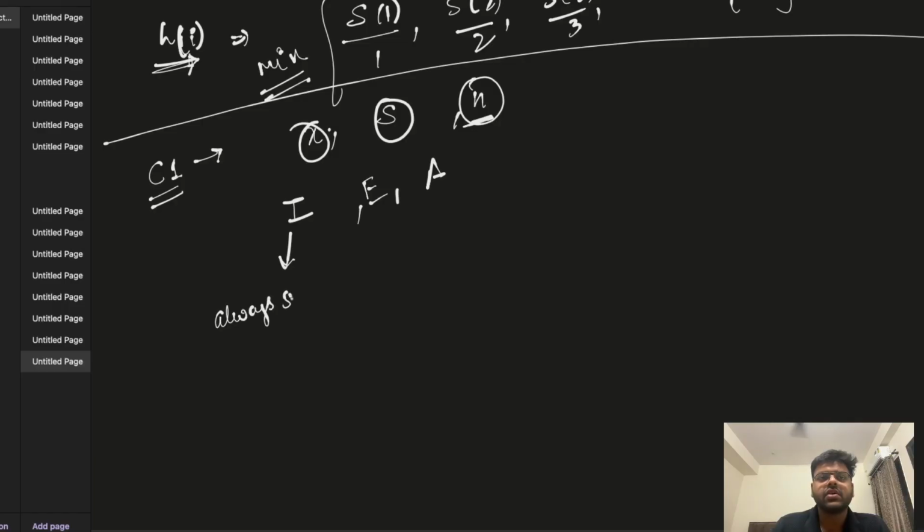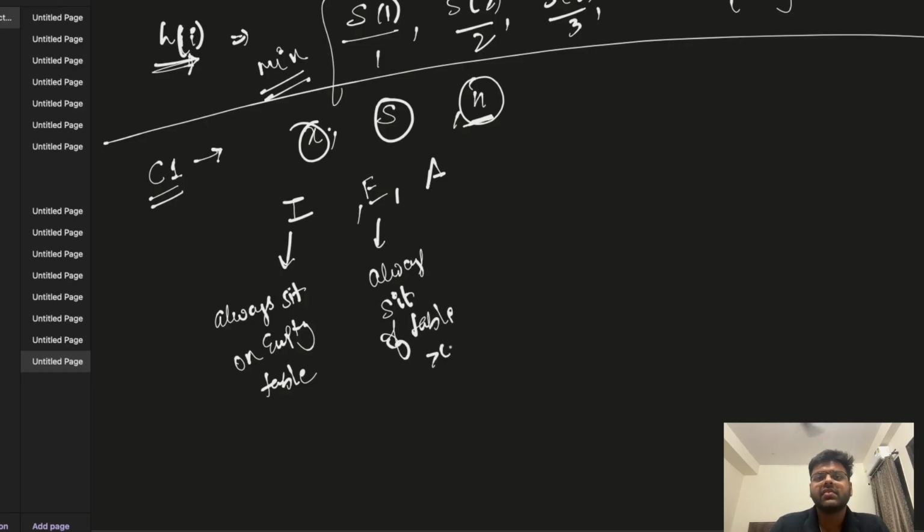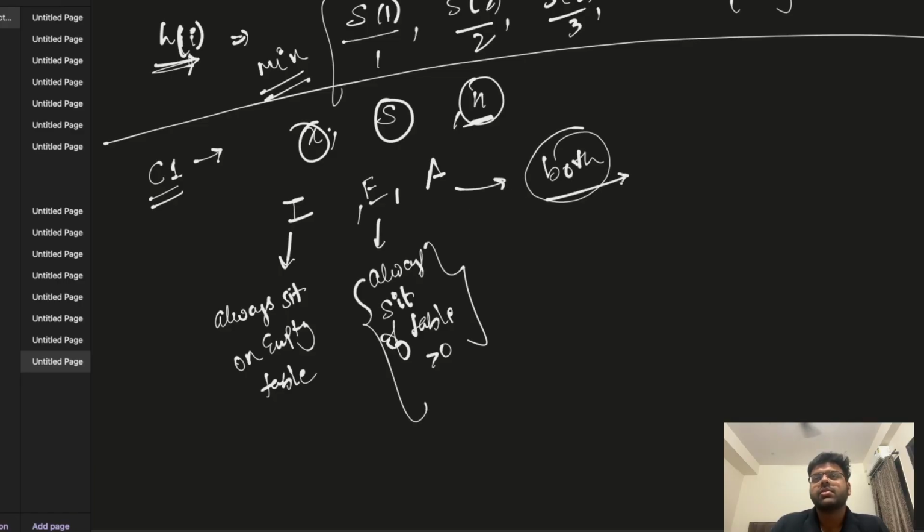The extroverts always sit on a filled table, a table with greater than 0 people, and for A, both are possible.